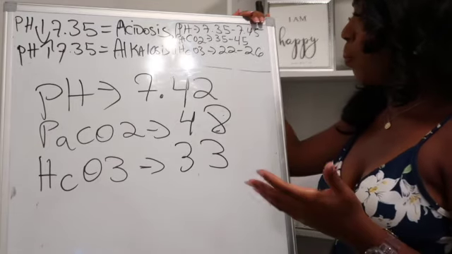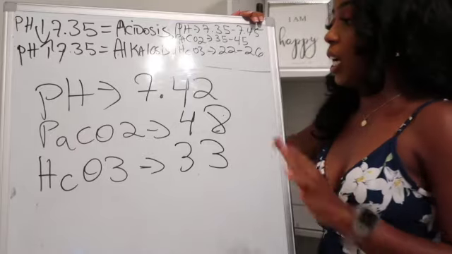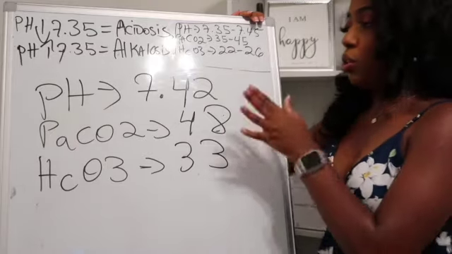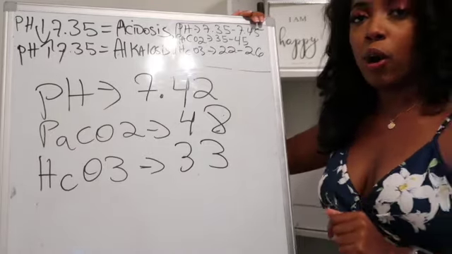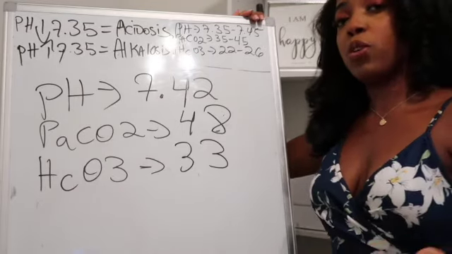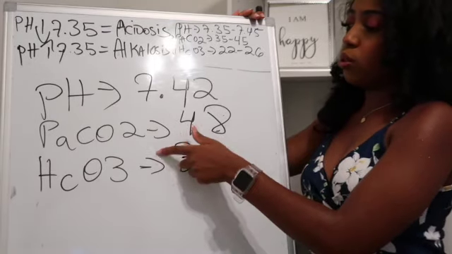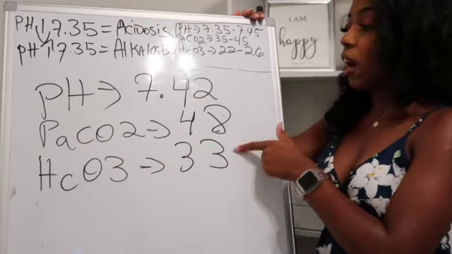So that's an example. If your professor gives you a diagnosis, you'll be able to figure it out that way, okay? But let's say your professor doesn't give you a diagnosis, he just gives you those numbers, and you're supposed to figure out what's going on, because even though the pH is normal, the PaCO2 and the HCO3 are off, so there's obviously something wrong.